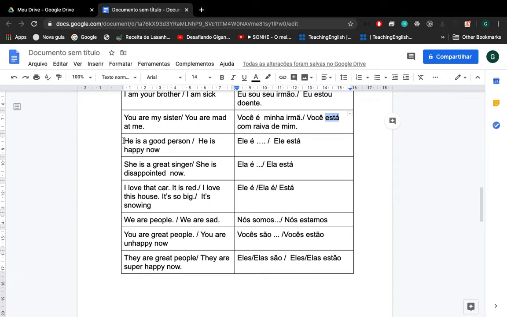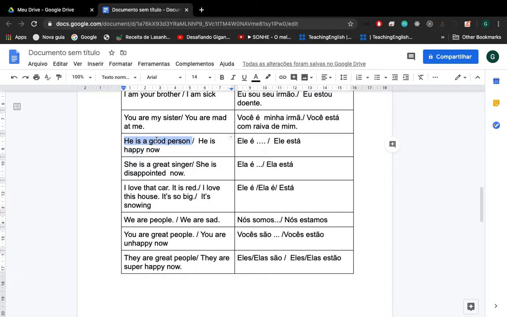Now, with the pronoun he. He is a good person, okay? Now, some of you might say that can be changed because someone can stop being a good person, but that's not the point. The point is, if someone is born a good person, it's very likely that person is going to continue being a good person.